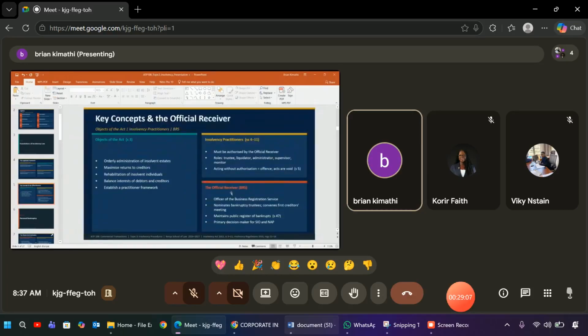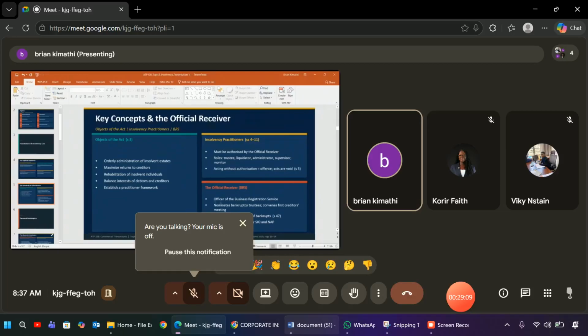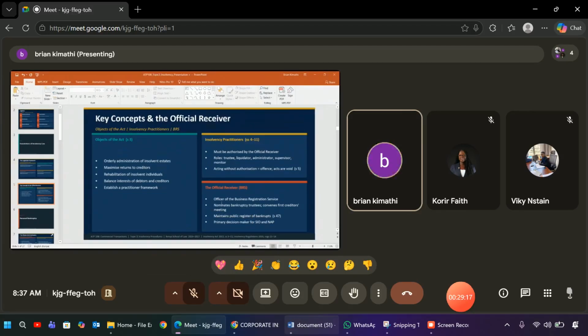Then the office of the official receiver under BRS. The office of the official receiver is now an internal department in the Business Registration Service, and that's why they did away with the previous register of companies. The register of companies was limited to various kinds of businesses or organizations.